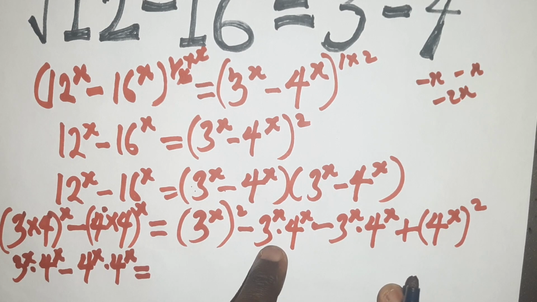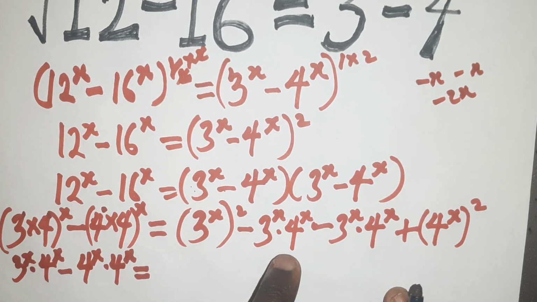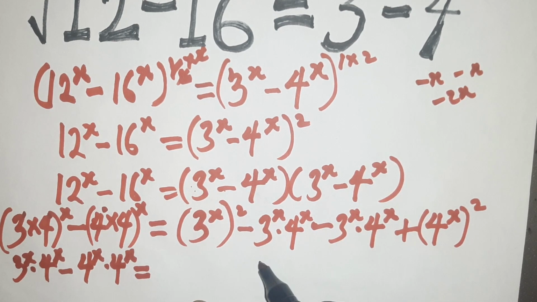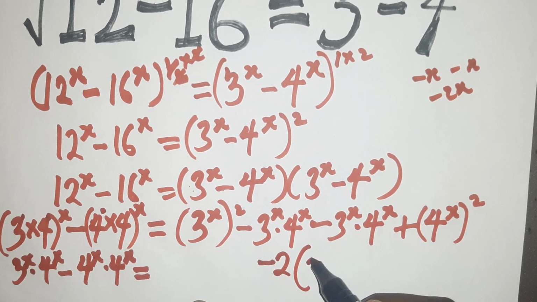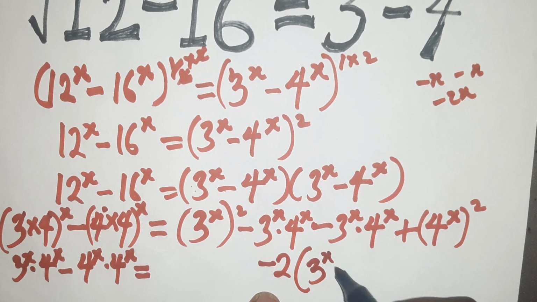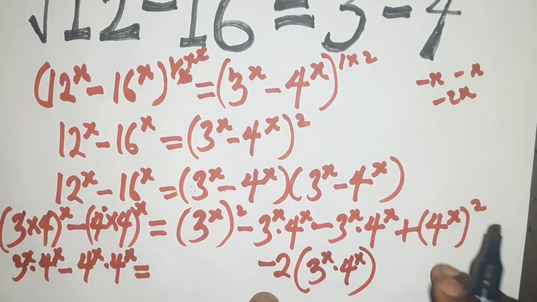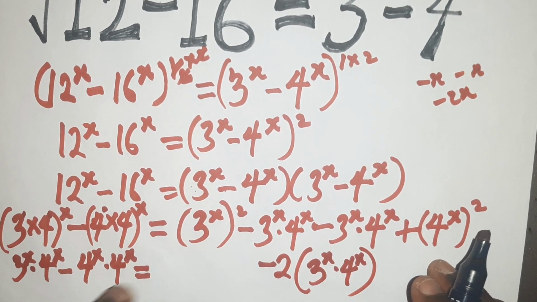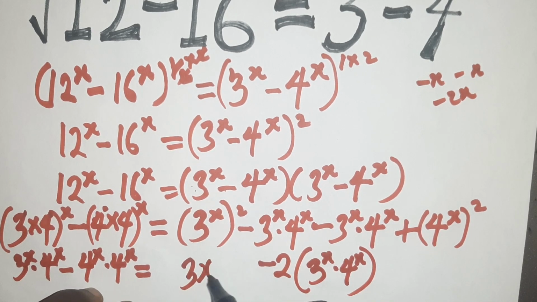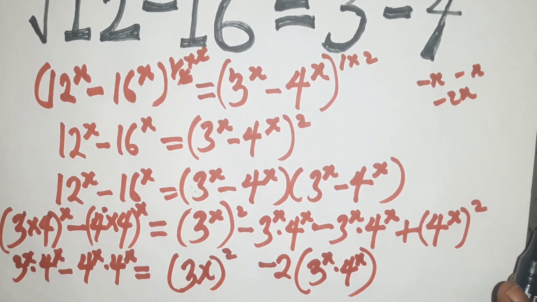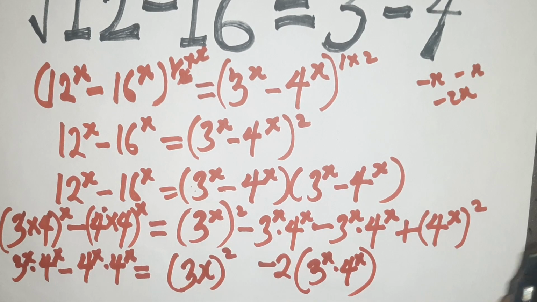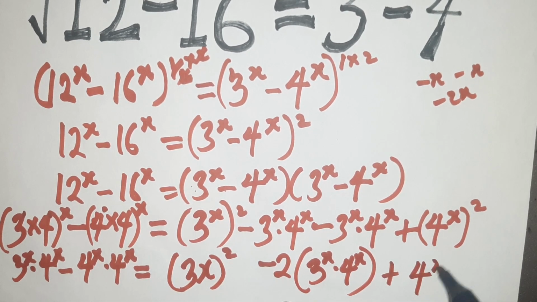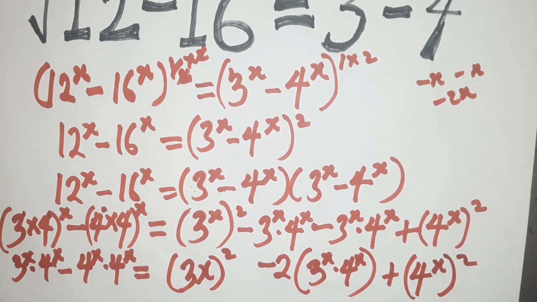So minus 3 raised to power x dot 4 raised to power x minus 3 raised to power x dot 4 raised to power x gives you minus 2 bracket 3 raised to power x dot 4 raised to power x. And of course, I still have my 3 raised to power x all raised to power 2, and then plus 4 raised to power x all raised to power 2.